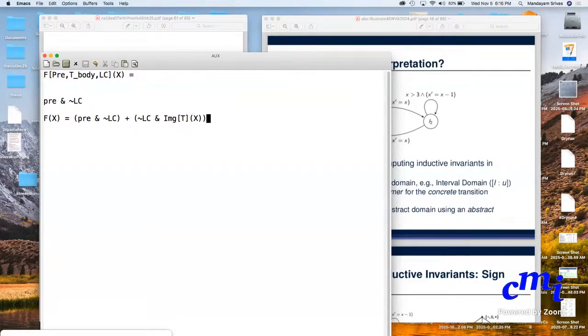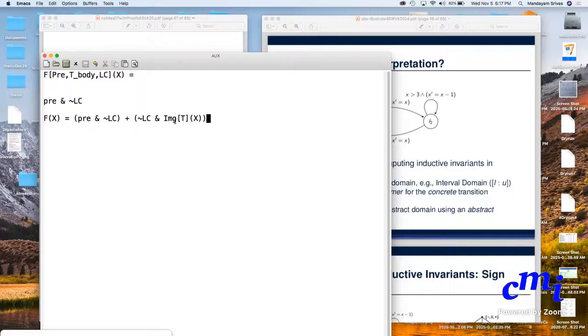Because what are you executing in each iteration? You're checking if after you do an ith iteration, whatever state you're in, you're entering LC. Oh, it should be LC, I think. No, I think it's okay. So here you are computing for an arbitrary thing, right? Since in T body, I'm assuming this is something that I do not have.